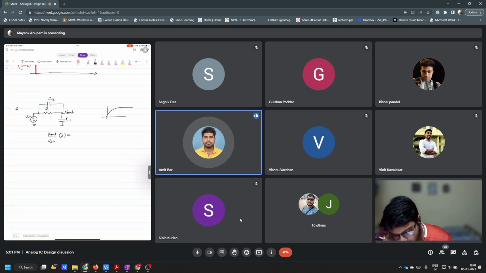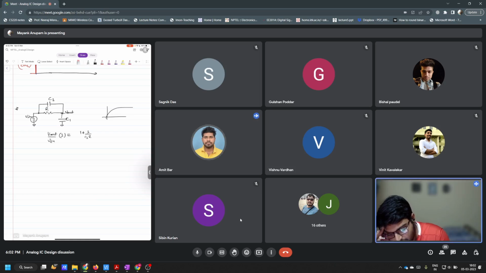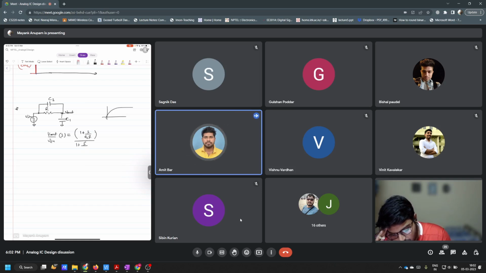Sir, in the numerator there will be 1 plus s by z on, where z on is 1 by C2 R. Correct, that is the zero. And there will be one pole in the denominator, like 1 plus s times the parallel combination of C1 plus C2, into R.